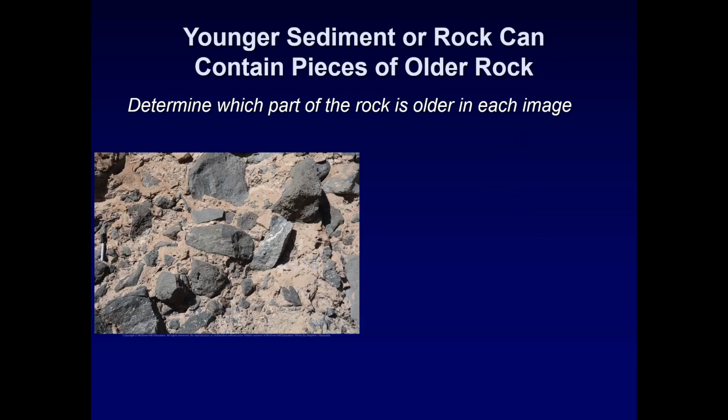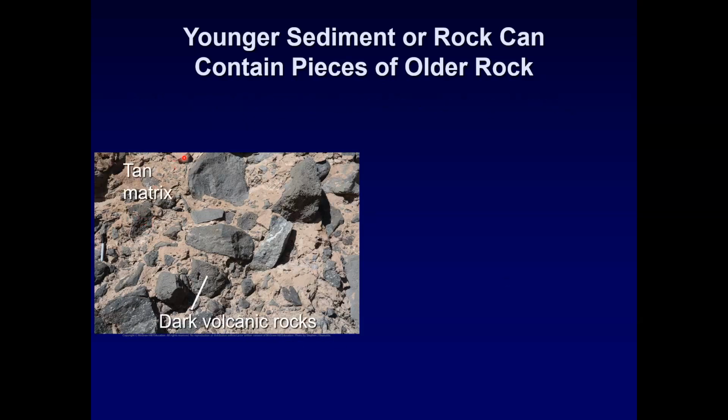Another principle is that younger sediments or rocks can contain pieces of older rocks. So we can look at this rock and determine which part is older. We have a tan rock matrix here, fine grained sediment. It contains dark colored pieces of volcanic rocks.